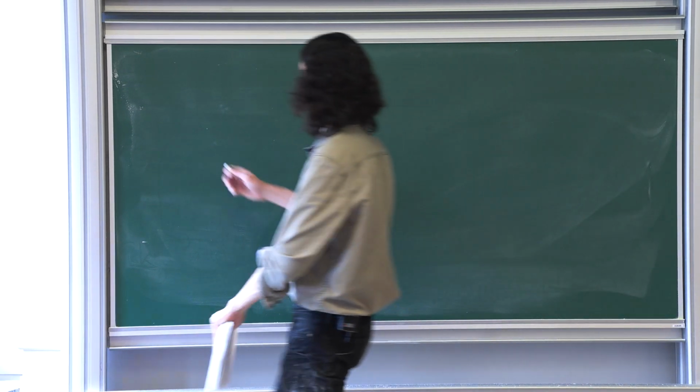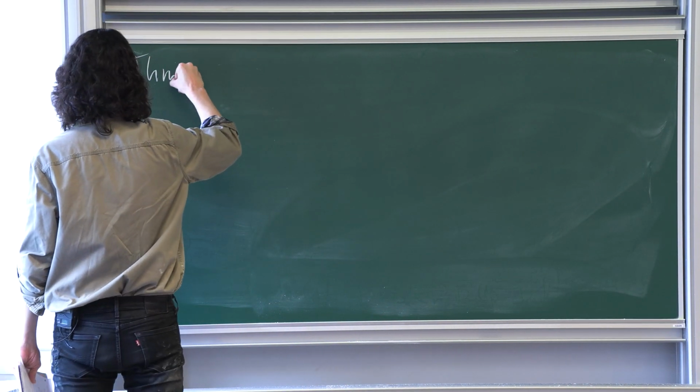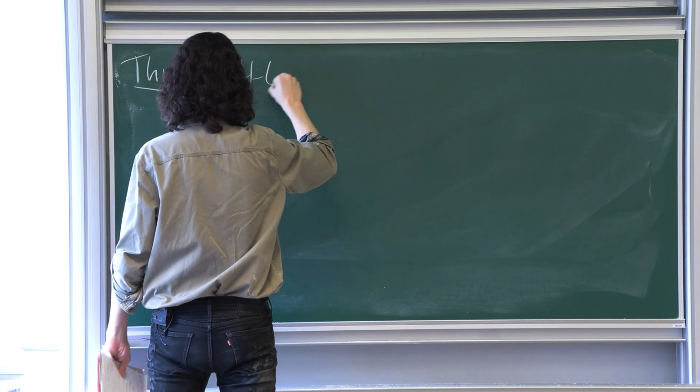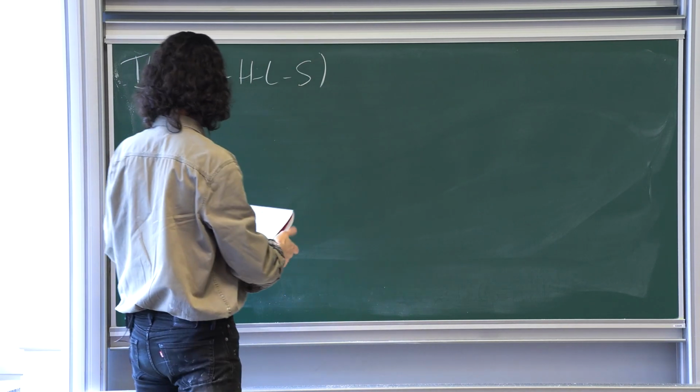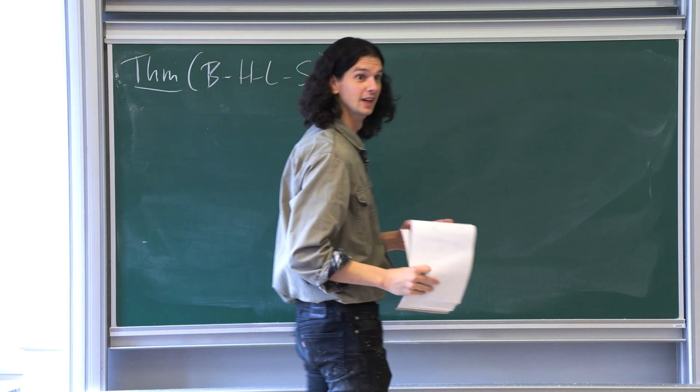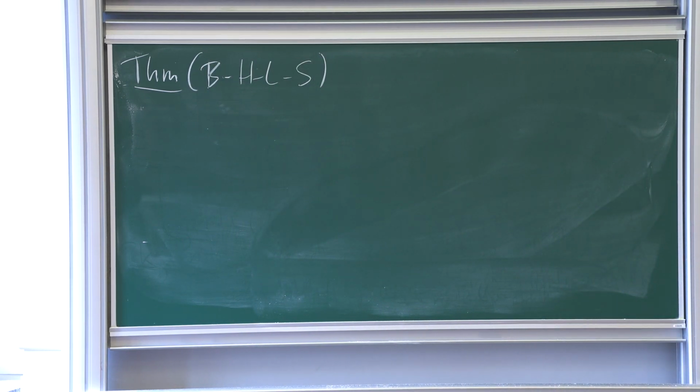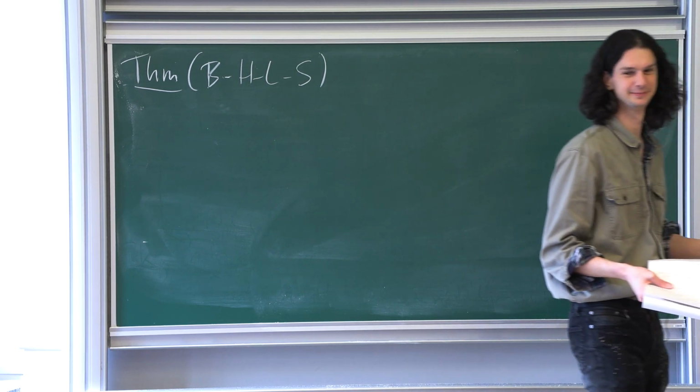Okay, so theorem, and this is the Burklund-Hahn-Levy-Schlank, the other half of the disproof of the telescope conjecture. I'm not going to do their work justice. I'm going to state a special case of what they really prove, and even in that special case, I'm going to give a much weaker conclusion than what they actually obtain.